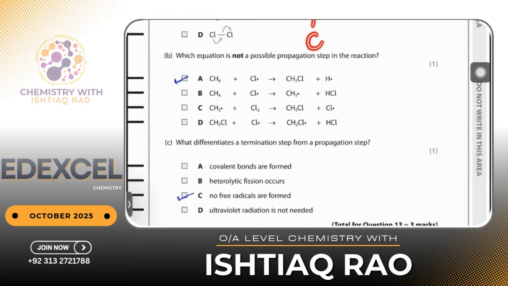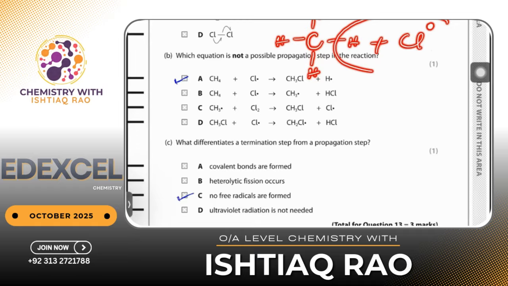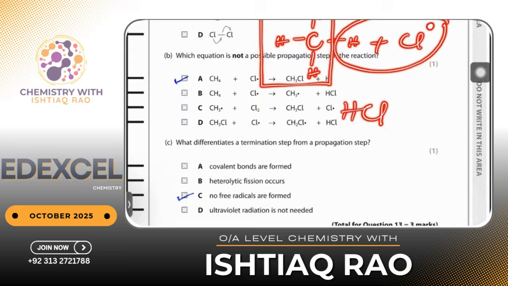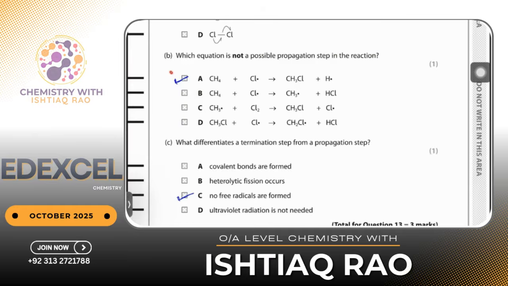Let me tell you, this is CH4. When it reacts with a radical, it will attack this hydrogen to form HCl, and the CH3 radical is formed, like this one. So that's the only option that is not possible.